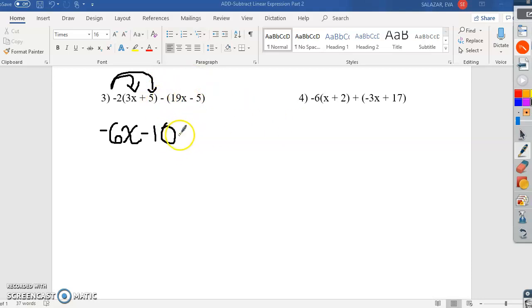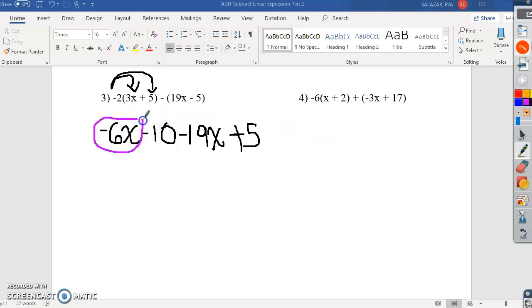So this is going to be minus 19x, and a minus times a minus, a negative times a negative, is a positive 5. Again, all you need to do is remember that whenever you have a minus, you can just change the integer to the opposite of it, and you'll be fine.